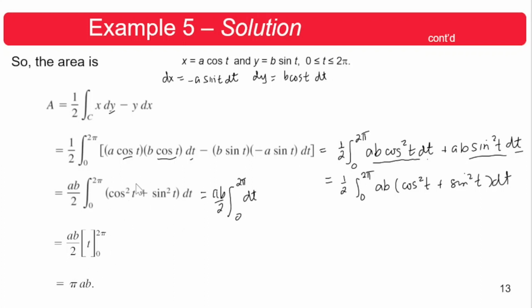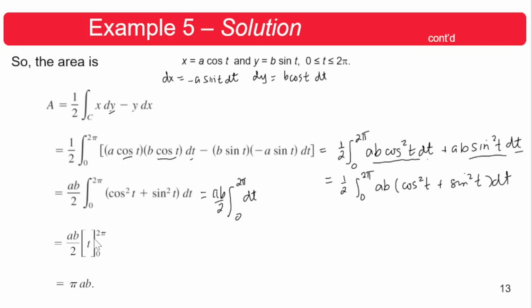And then recall from the trigonometric identity that sine squared t plus cosine squared t is equal to 1 times dt. So we have dt times this coefficient, which is ab over 2, and the integral is from 0 to 2 pi. Okay, integrating dt, we have t evaluated from 0 to 2 pi times ab over 2.